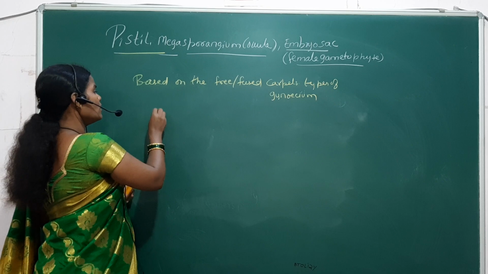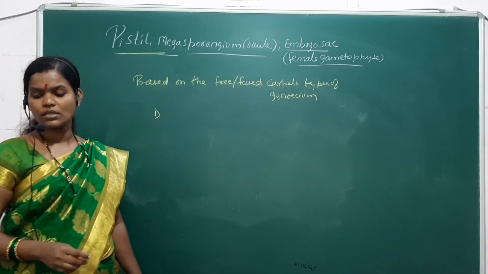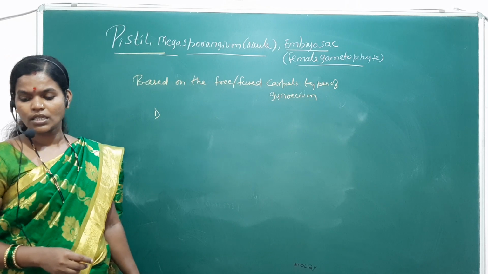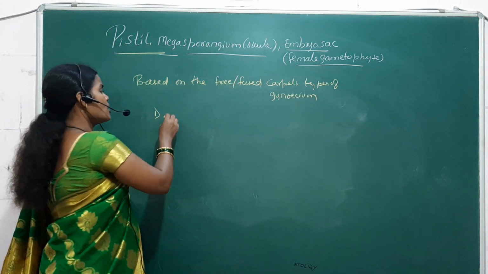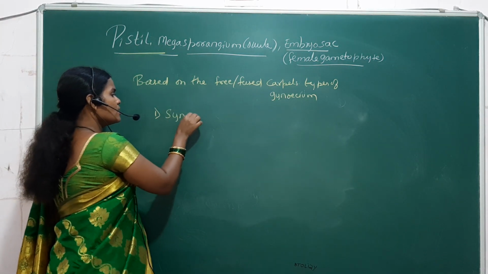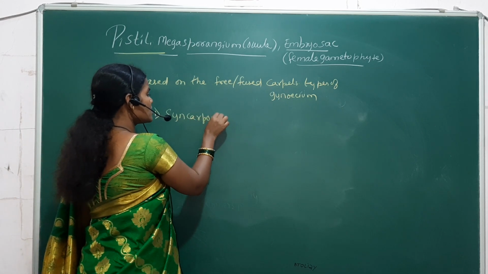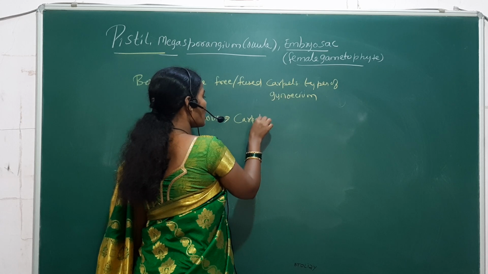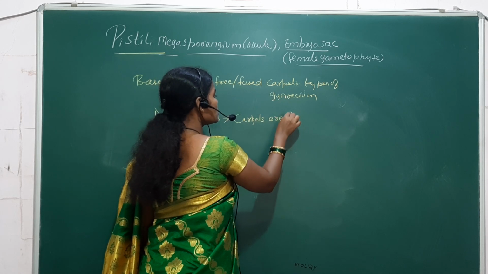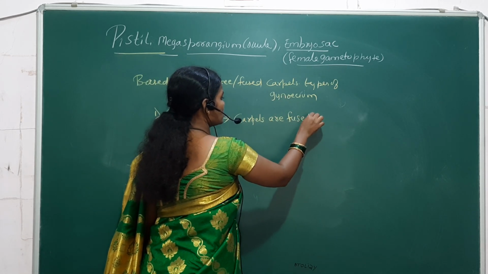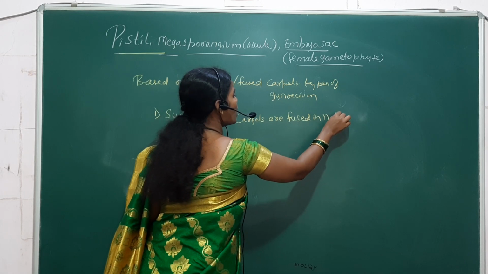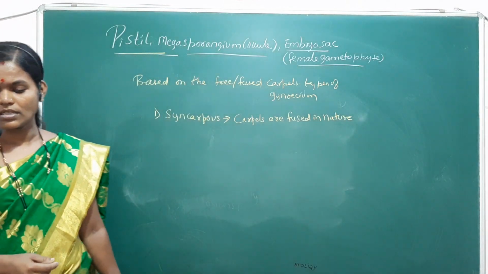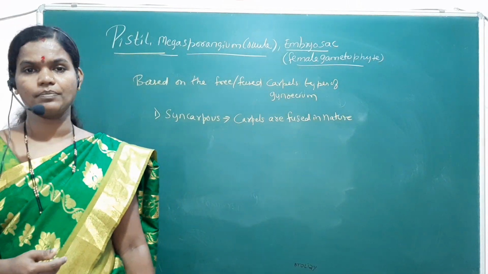First of all, we have to see the syncarpous condition. So what is syncarpous condition here? Syncarpous condition means carpels are fused in nature. Carpels are fused in nature. That is called syncarpous condition.